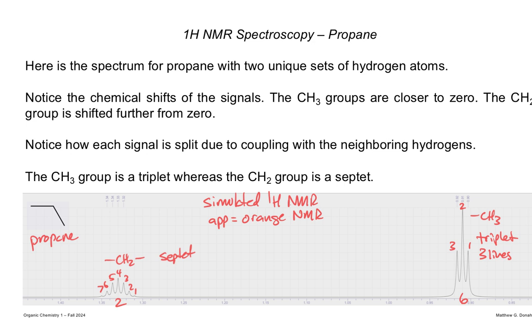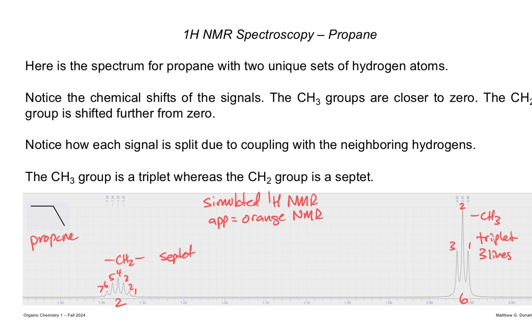So now, if you kind of think backwards in a sense, say you were not given the name or the structure. And if you looked at this signal and you counted those 7 lines, you would just say 7 minus 1 is 6. So therefore, the attached hydrogens there must have 6 neighbors.